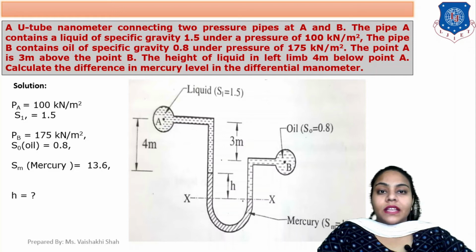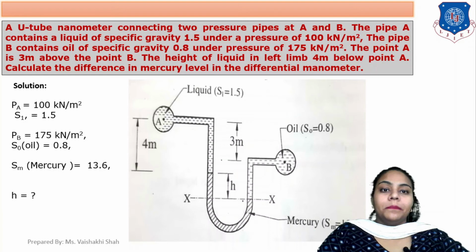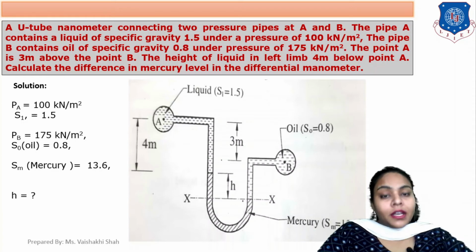Here in this data, a U-tube manometer is given to you connecting two pressure pipes, pipe A and pipe B. Pipe A contains a liquid of specific gravity 1.5 under a pressure of 100 kilonewton per meter square.